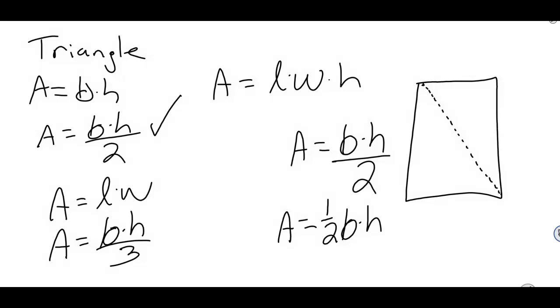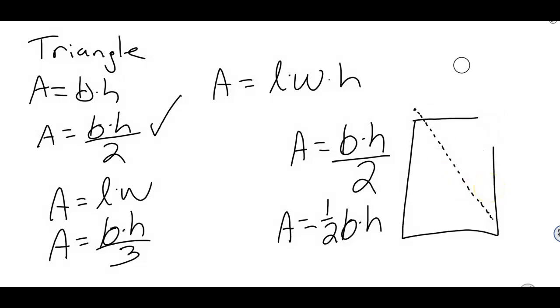All right, so this works with right triangles. We can create any 2 identical right triangles, and they are going to make a rectangle. We divide by 2. Okay.